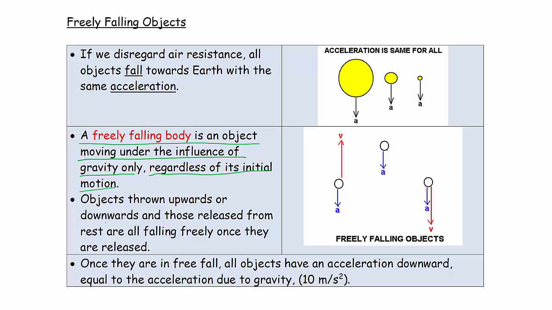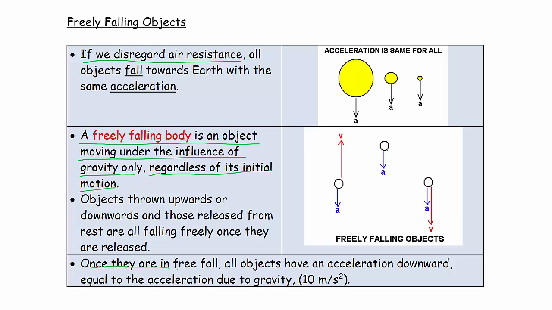Objects thrown upwards or downwards, and those released from rest, are all falling freely once they are released, provided air resistance can be ignored. We disregard air resistance on all objects. All objects fall towards the Earth with the same acceleration.